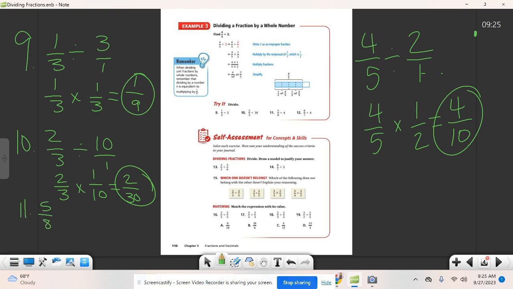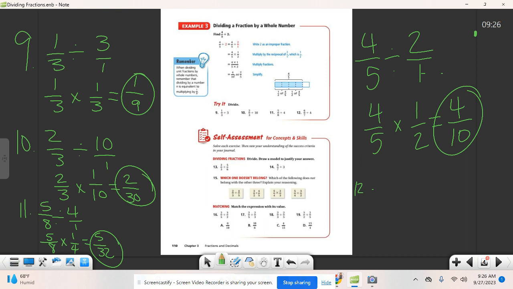All right, Jayla, number 11. I have 5 eighths, and then I would do 4 over 1. Then I would keep, and then I would change it to multiplication. Then I would flip it to 1/4. Good. All right, and then number 12. Amy Kate, how'd you do 12?